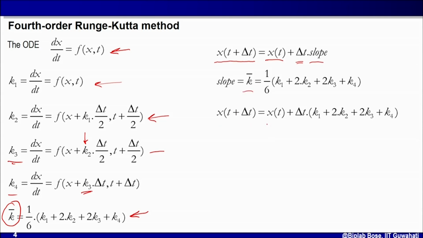So if x at time t was xt, then x at time t plus delta t would be x at time t plus delta t, that is the increment in time, into the average slope. Here we should have 1 by 6, which was missing initially. So this way, using this average slope, I can calculate the new value of x.